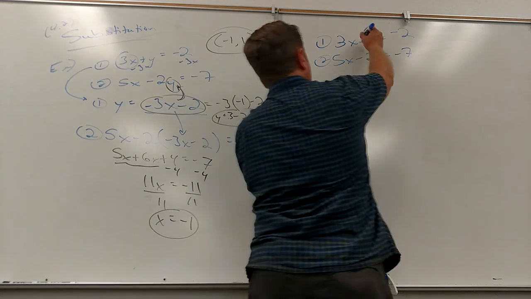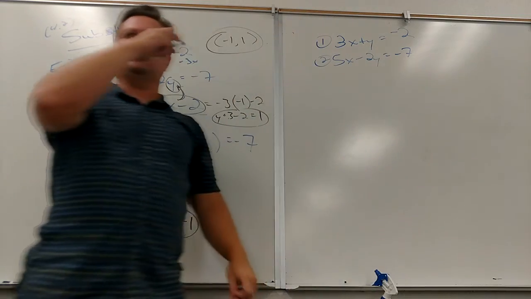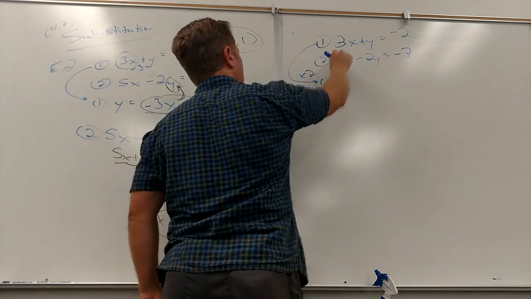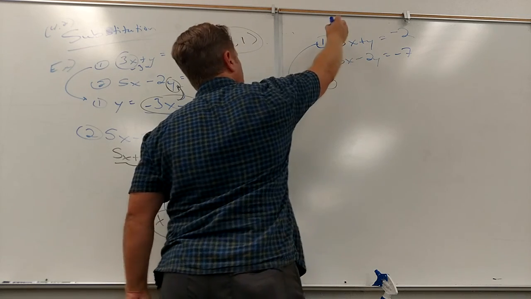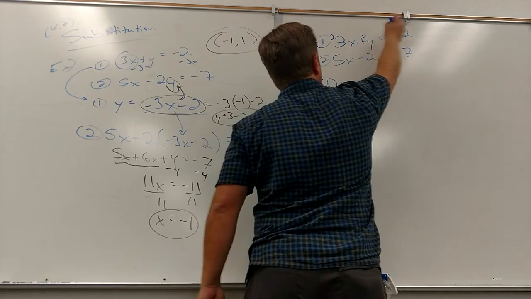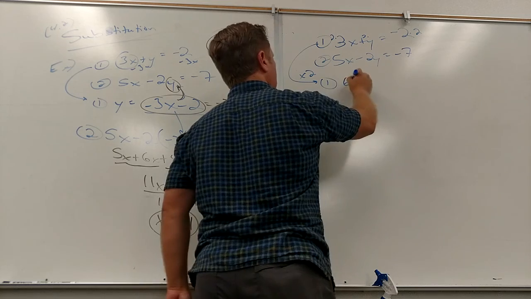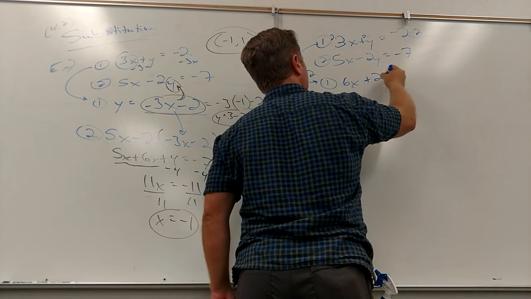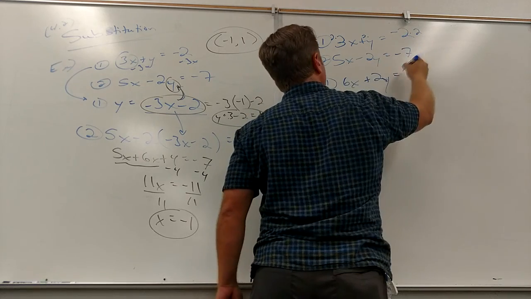You can't just put a 2 here, because now you've got a whole different equation. To keep the equation the same, you multiply the whole thing by 2. So what do you get? You get 6x plus 2y equals negative 4.